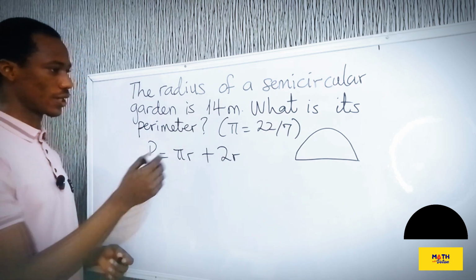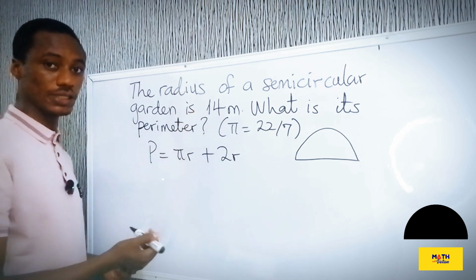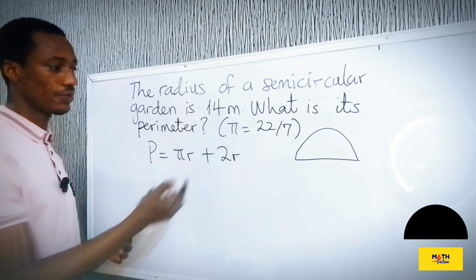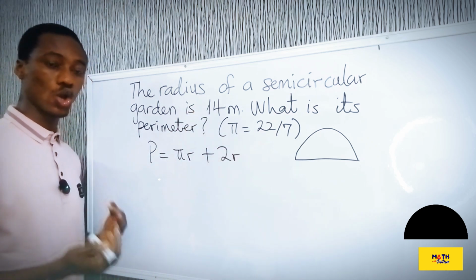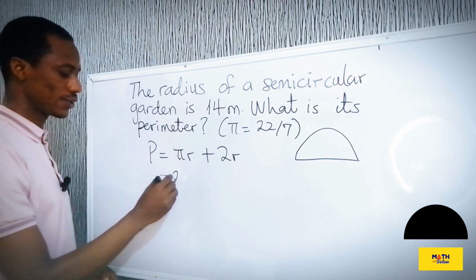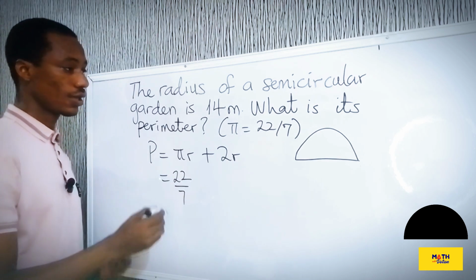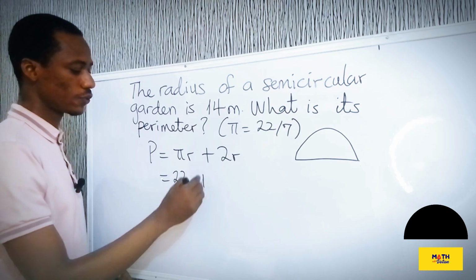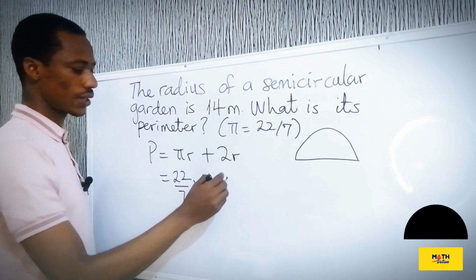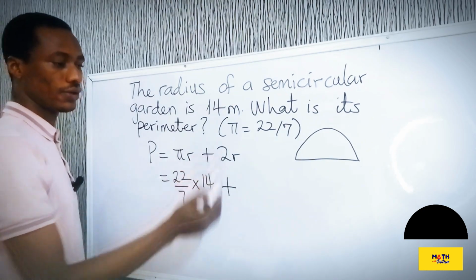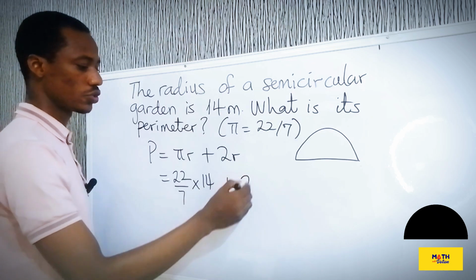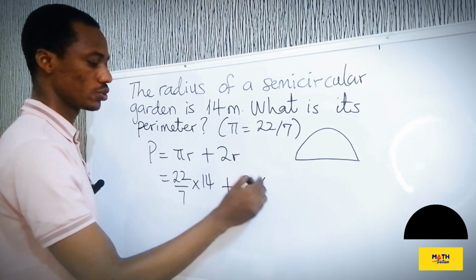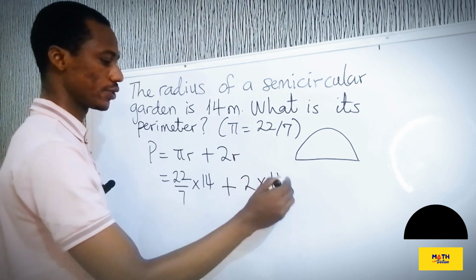All right, so we're given the radius as 14 meters and pi as 22 over 7. So pi is 22 over 7. The radius is 14 meters. All right, then we add the diameter, which is made up of 2 radii. 2 times the value of the radius.